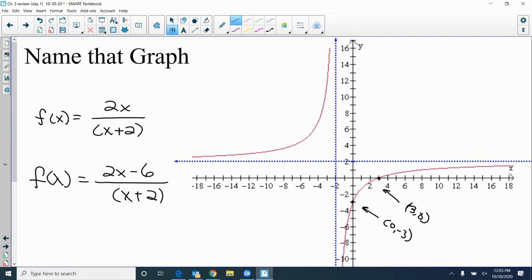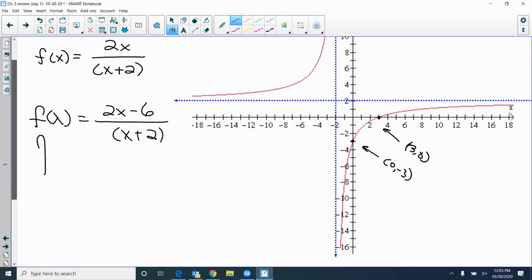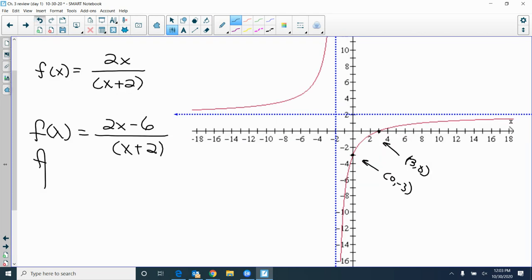Now here's what I would do, and this is absolutely fine, because you actually took it one step further. Since you got a vertical asymptote at -2, that's x plus 2. X-intercept of 3, that shows up in the numerator as an x minus 3.